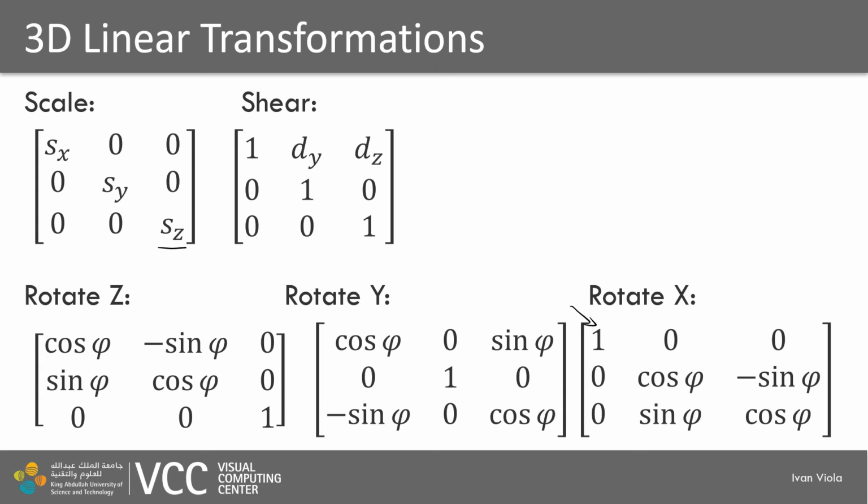In the right-handed coordinate system, if you look at the coordinate system from the positive z direction towards the origin, the projection here will be x, y.